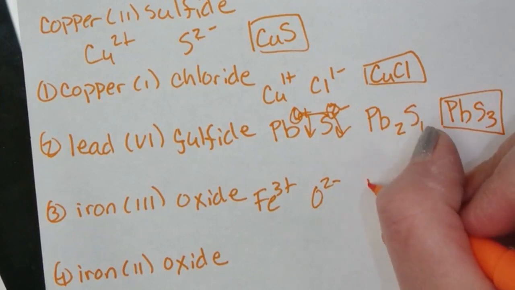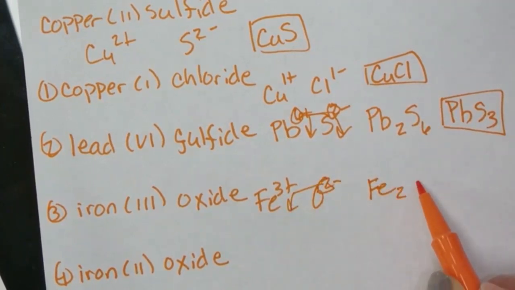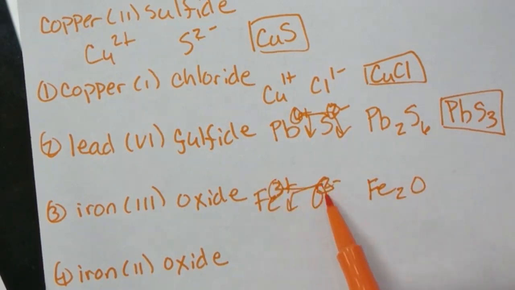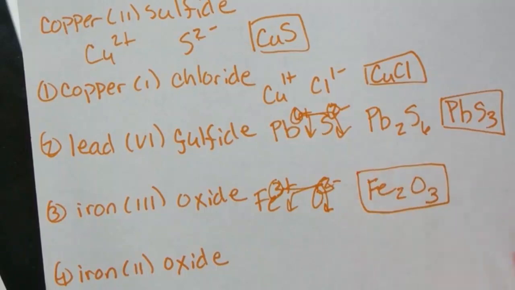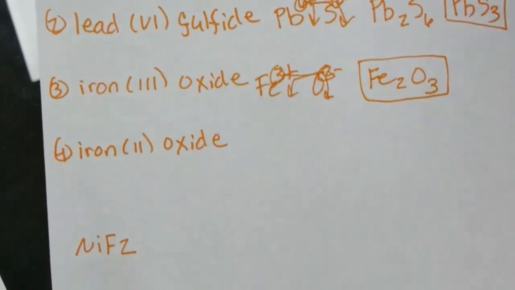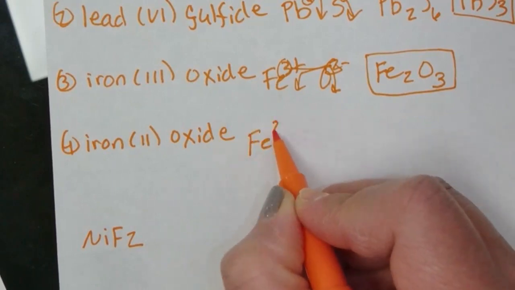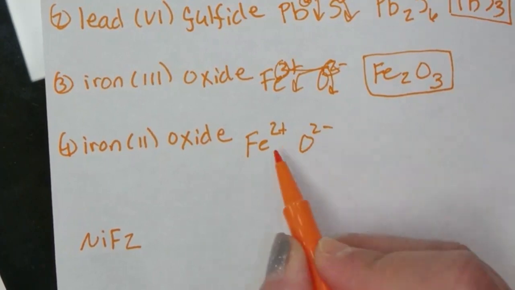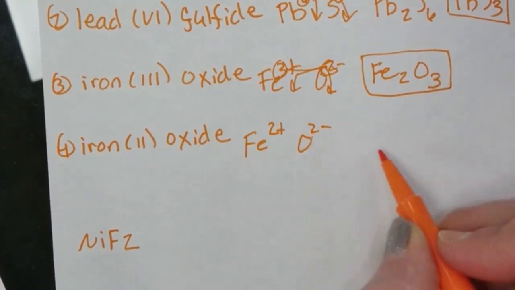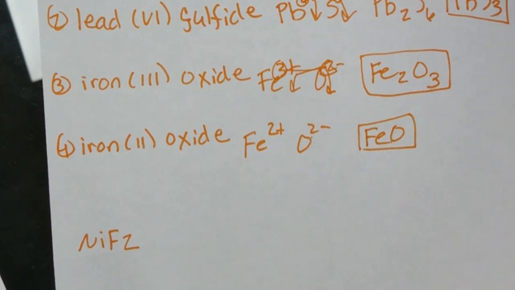So when I swap and drop, I get 2 irons and 3 oxygens. Iron 2 oxide. So this iron is a 2+, and oxide is still a 2-. Notice here the numbers are the same, so I simply rewrite my symbols, FeO.